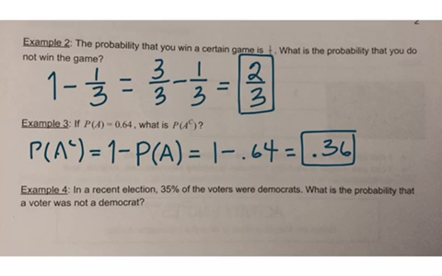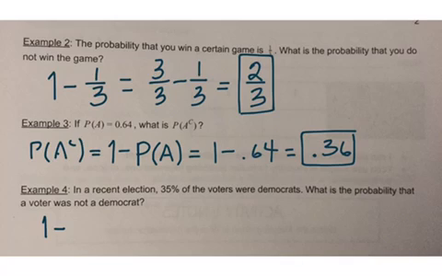In a recent election, 35% of the voters were Democrats. What is the probability that a voter was not a Democrat? Again, being a Democrat or not being a Democrat consists of all the possible outcomes, so we can simply subtract that 35% from 1. Now, we don't want to do 1 minus 35.